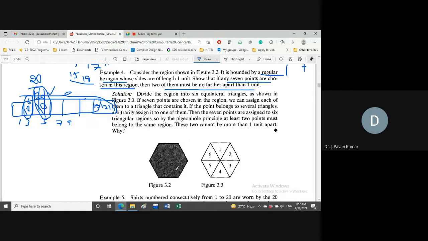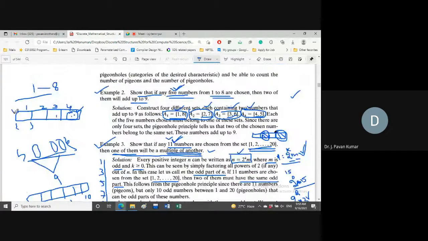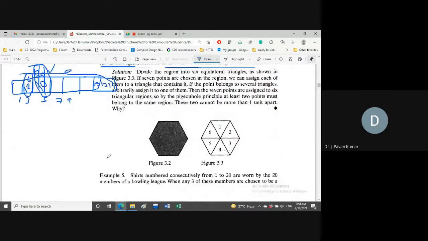For that purpose, we have to model pigeonholes, right? Similar to what we formulated earlier, we have to formulate pigeonholes here. One idea is to construct six equilateral triangles, namely 1, 2, 3, 4, 5, 6.